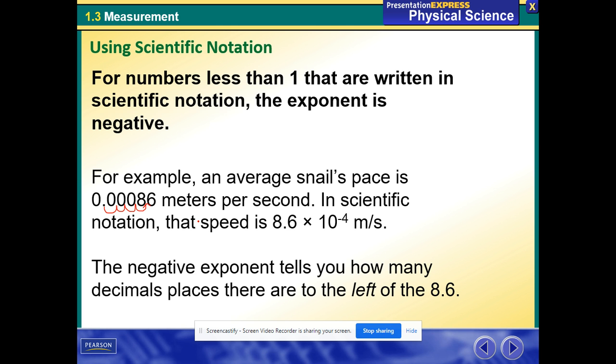So 8.6 is between those two numbers, and then we count. Well, we moved our decimal over 4 times to the right, and this is a very small number, so we know we get a negative exponent. That negative exponent tells you how many decimal places there are to the left of 8.6. So if you look at 8.6, notice that the decimal places is going to be 4 over.